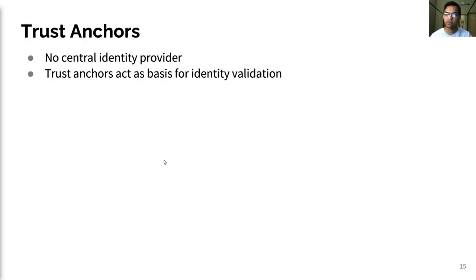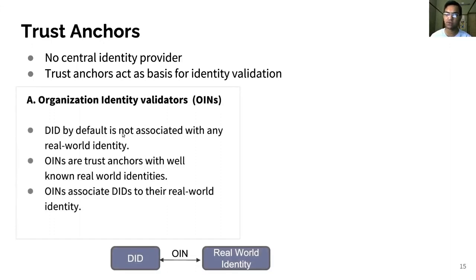Our system has to be completely decentralized, and hence it does not depend on any central identity provider. Instead, it relies on trust anchors, which act as basis for identity validation and mapping between the different types of identities. So we categorize these trust anchors into two. The first one is organization identity validators or OINs.